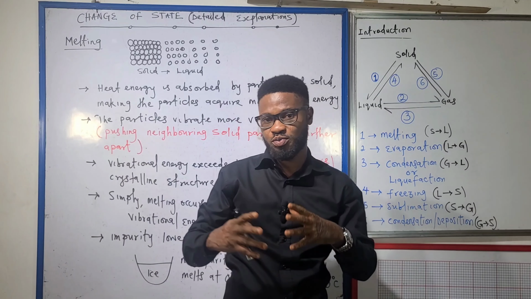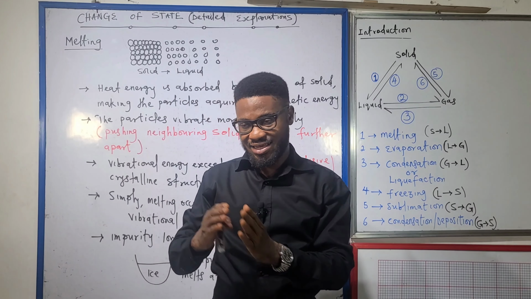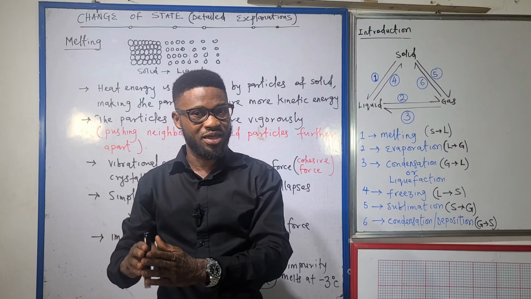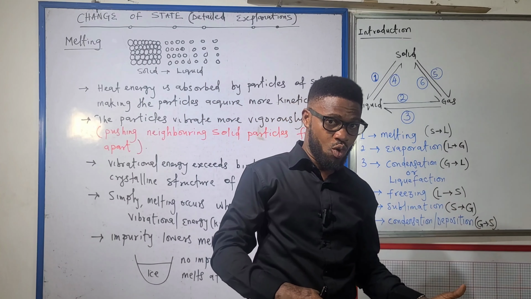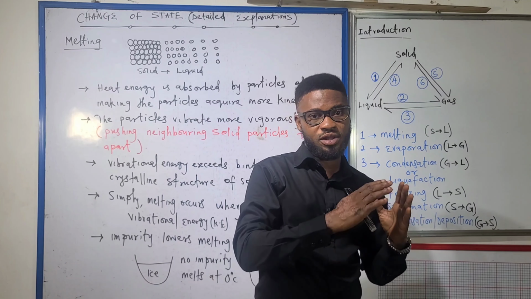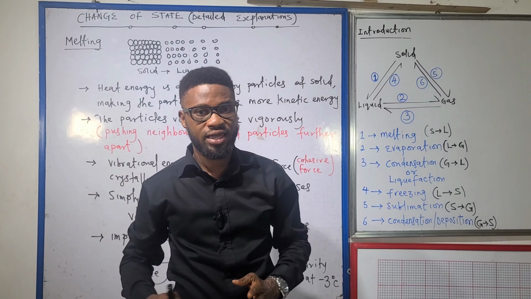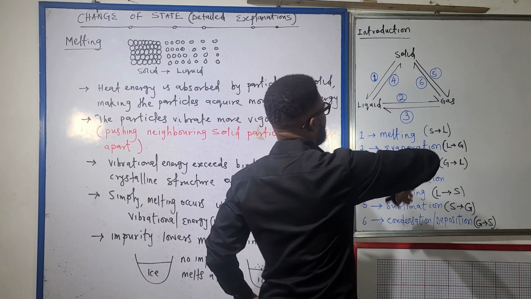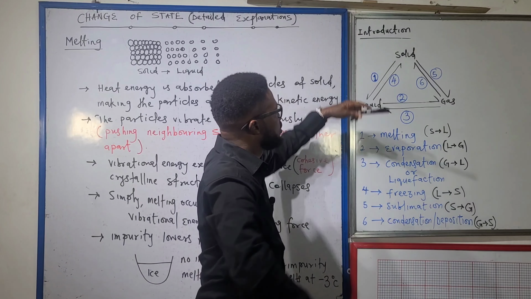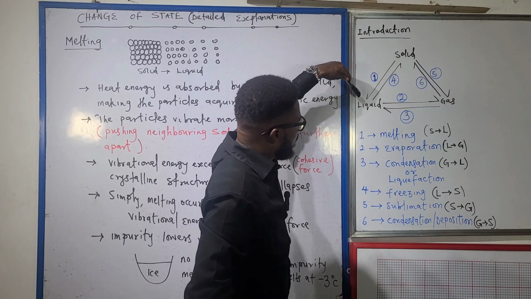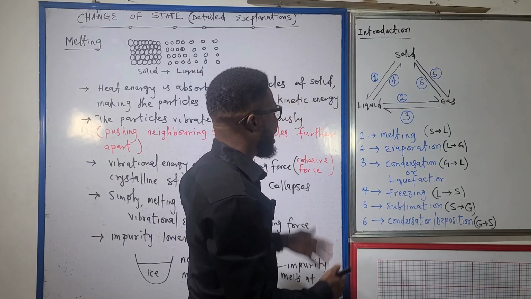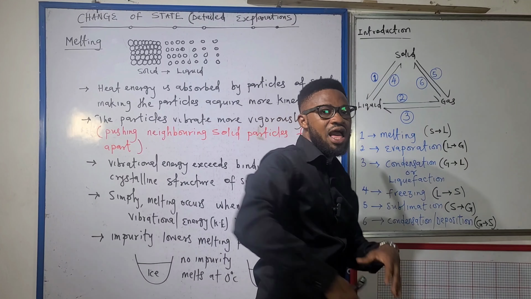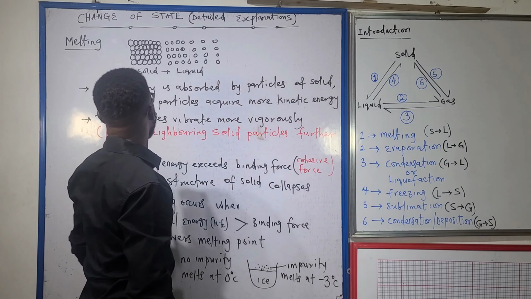All you need to do to predict that is ask: is this material moving from a higher energy state to a lower energy state, or from a lower energy state to a higher energy state? Of course, the very first one we'll be looking at today is solid moving to liquid, and that is melting. How does melting happen? How does melting occur?